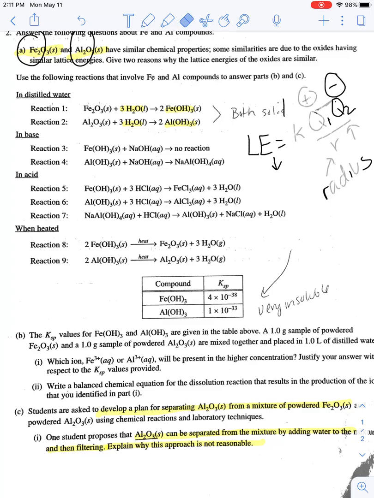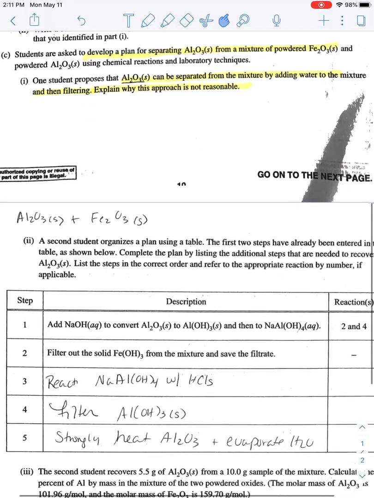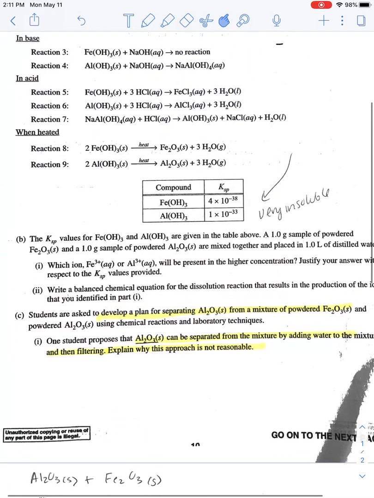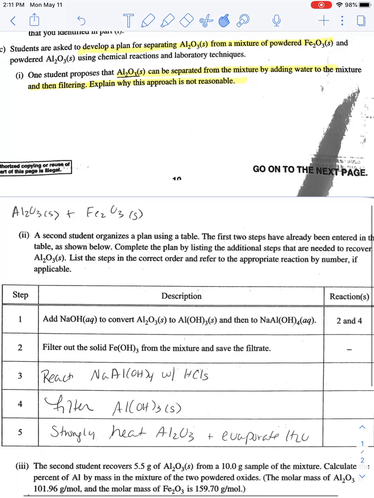Now back to the question: how are we going to separate those two solids? They ask, given all these equations, how would I start? And they gave you a starting point. What we're going to do is add NaOH to this mixture, convert that into that and then to that. What the heck are they talking about?